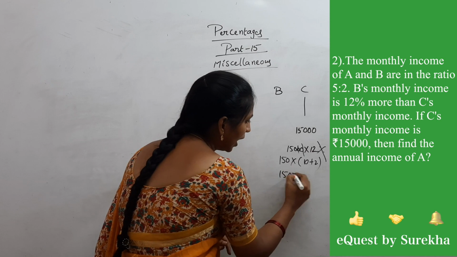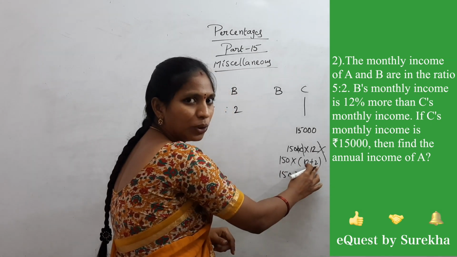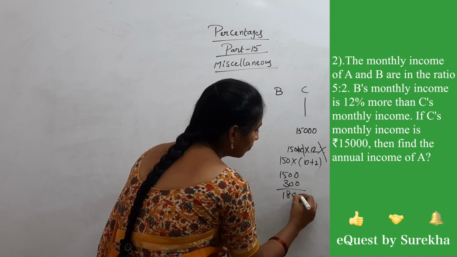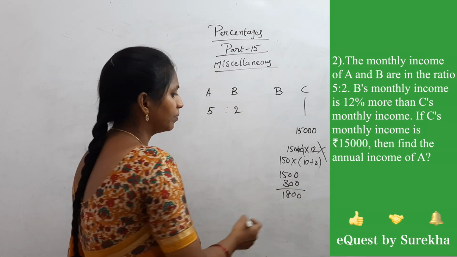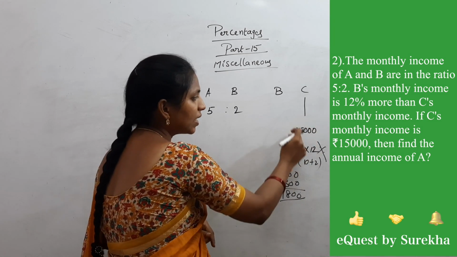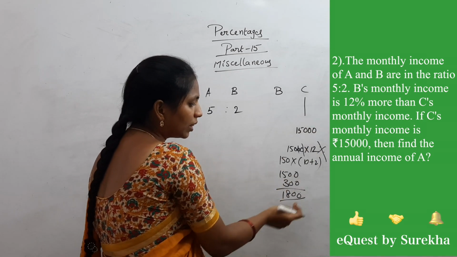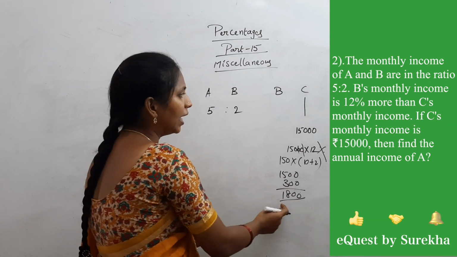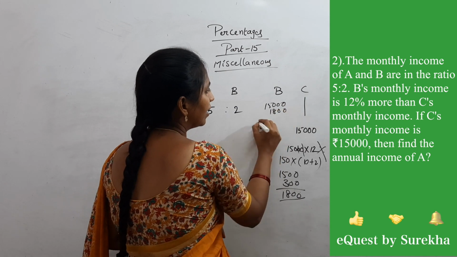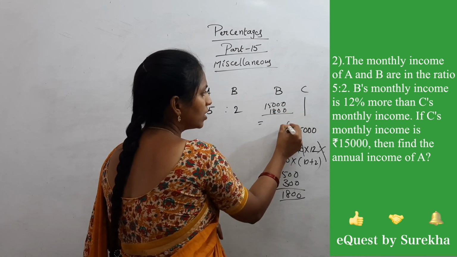Then 1500, and 150 into 2 means 300. So what is the value? 1800. 1800 more than C. What is the C value? 15,000. 15,000 plus 1800, that equal to how much?